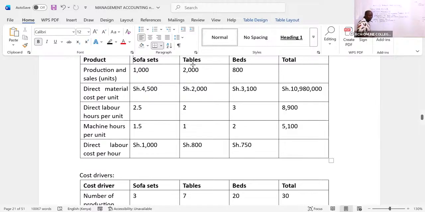I can see some other labor hours going to beds. Direct labor hours, it is 2.5, 2, and 3, isn't it? Sorry for that. So 3 times the number of beds that are being produced, they're 800.